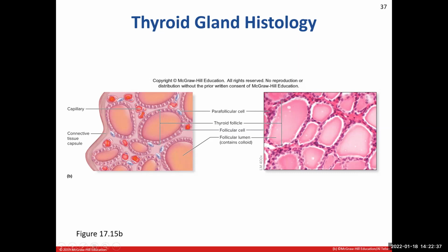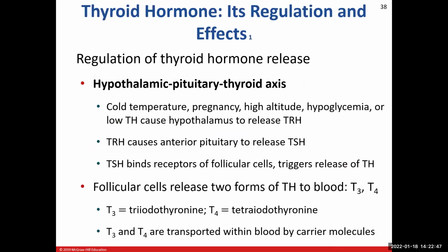And then scattered around, we have our parafollicular cells here and here and here. And those are going to be the cells that are responsible for releasing calcitonin when your blood calcium levels have decreased. If your blood calcium levels get too high, we'll talk about that, but not yet. Let's stay on track here.